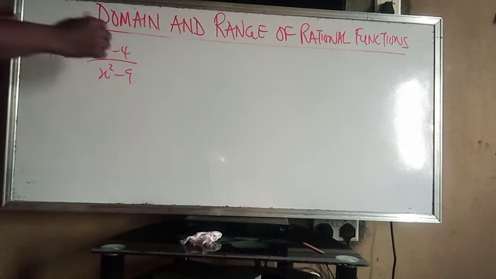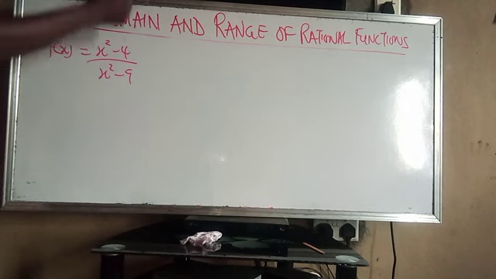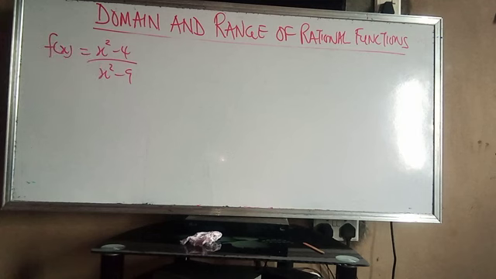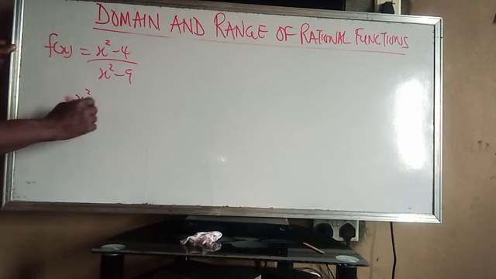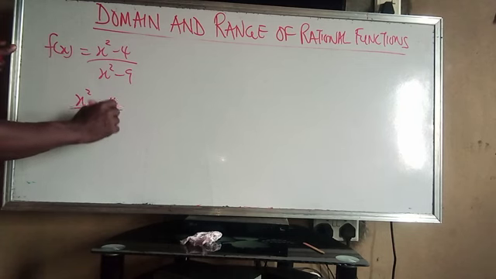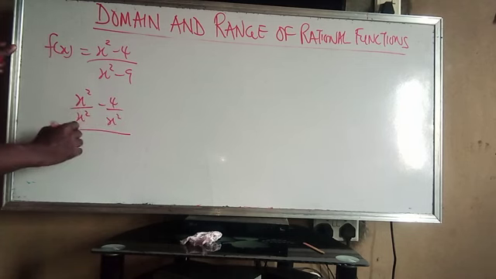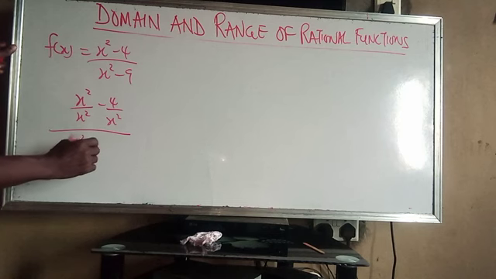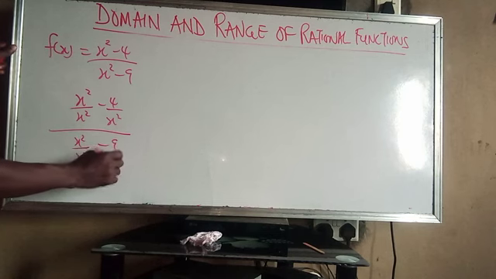What we need to do is divide the numerator and denominator by the highest degree of x. So we have x squared over x squared minus 4 over x squared, all over x squared over x squared minus 9 over x squared.